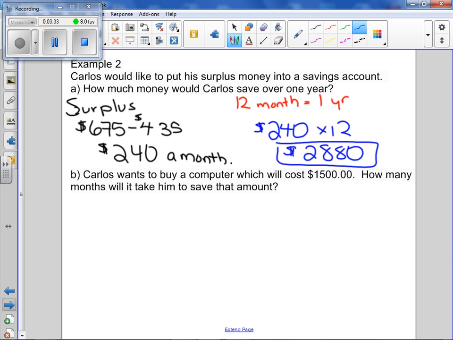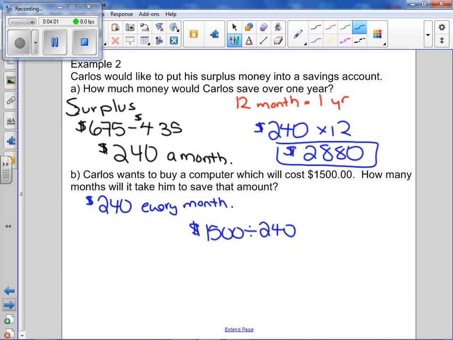The next question says, Carlos would want to buy a computer. That computer costs $1,500. How many months would it take him to save that amount? So we know that he can save $240 every month. So I would take the total cost of that computer, which is $1,500, and I'm going to divide that by how much I can save every month.